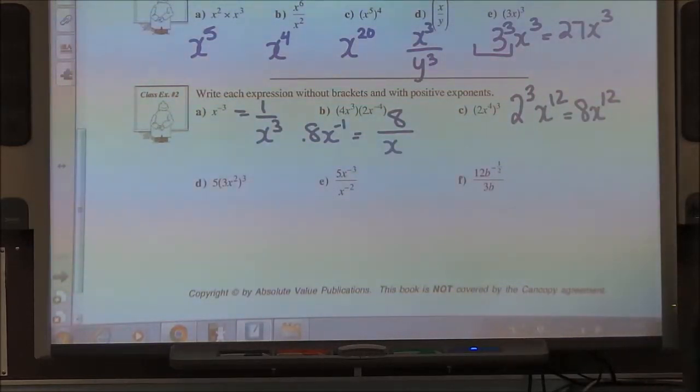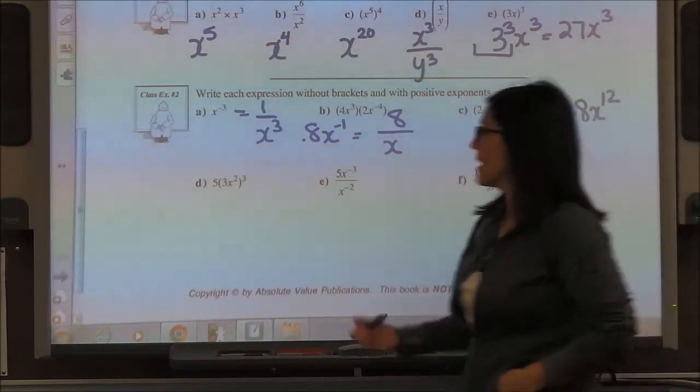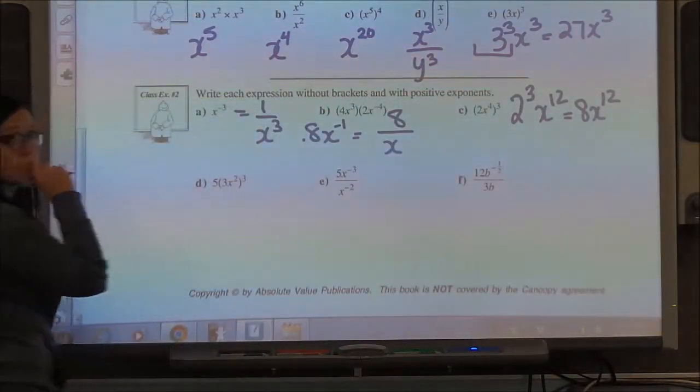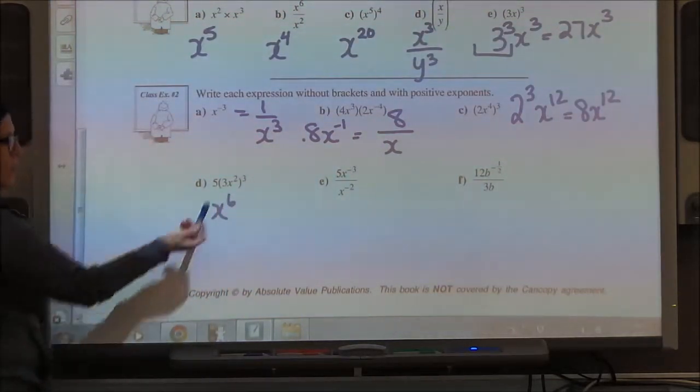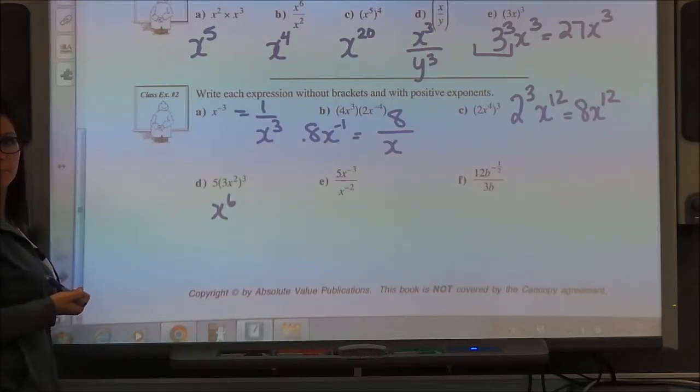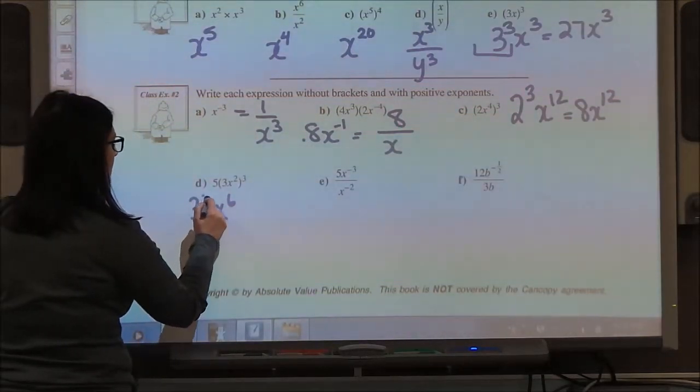What about D? Could you start by doing the exponents? Yep. Okay, so multiply the exponents, what do I get? And what about this 3? What do I do with it? To the power of 3.